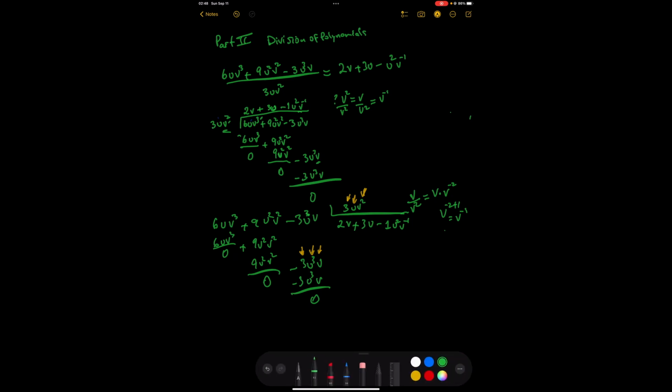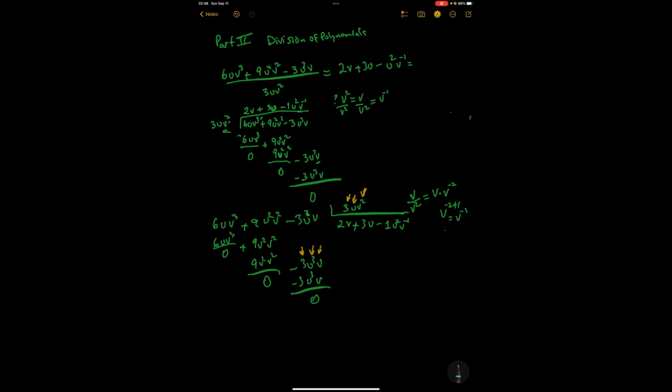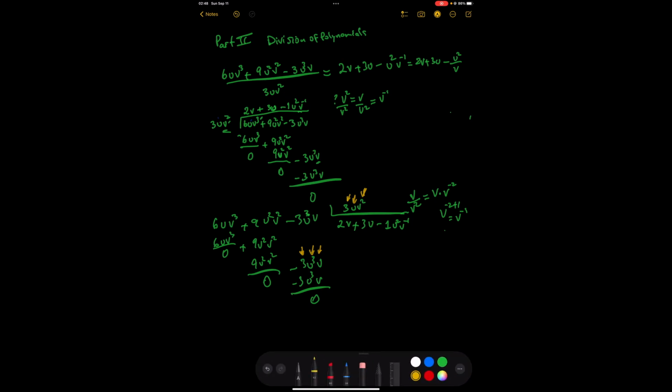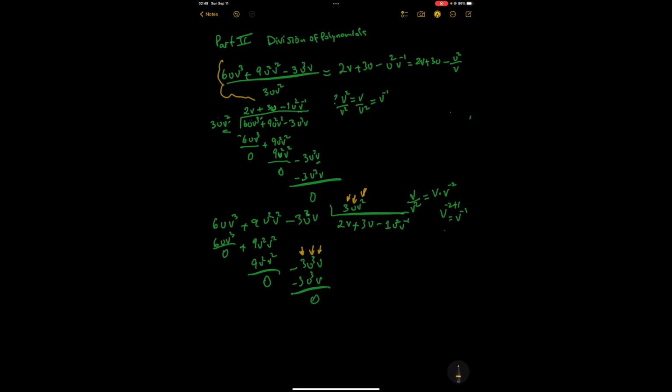Or we could just write it, instead of that, as 2v plus 3u minus u squared over v. And that would be the answer for this equation right here.